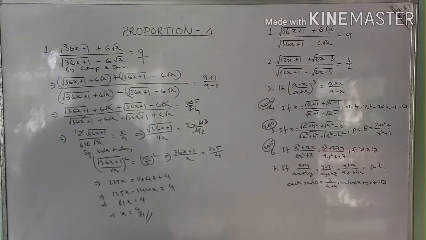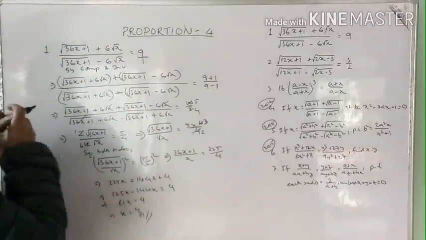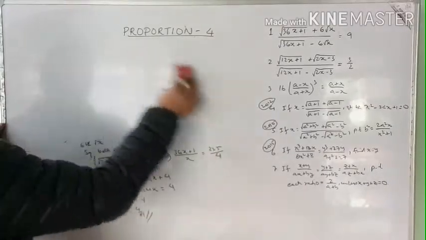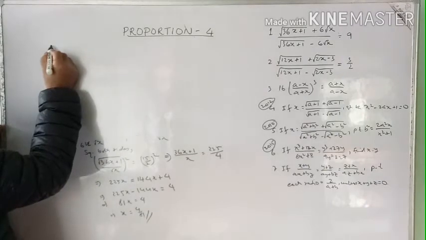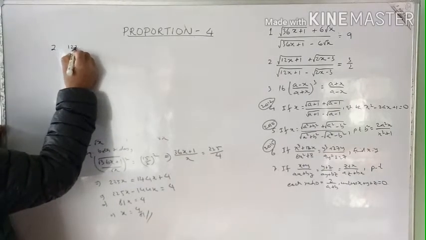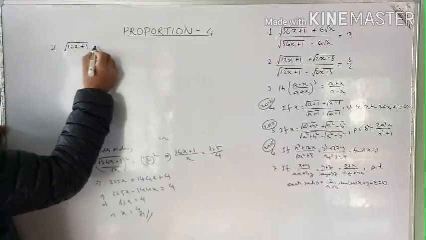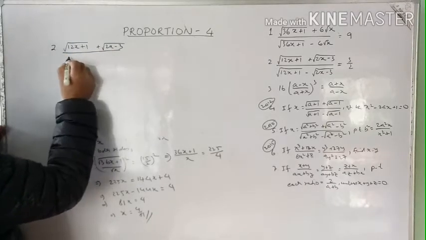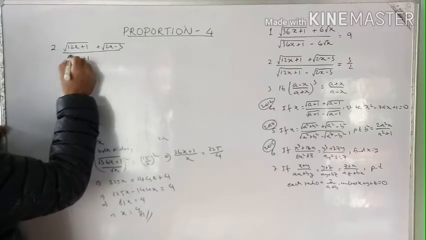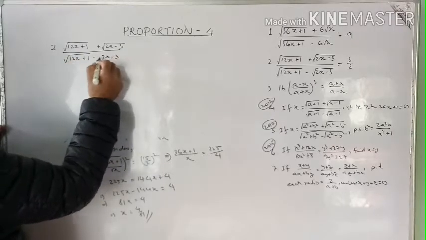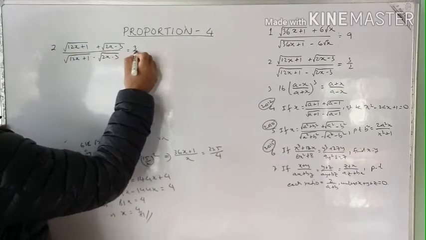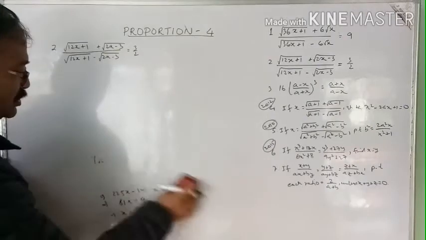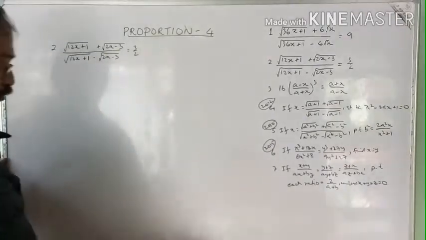Now, a similar question, let's take number 2. Question number 2: (√(12x+1) + √(2x−3)) / (√(12x+1) − √(2x−3)) = 3 by 2. This also you follow the same process and proceed the same way.